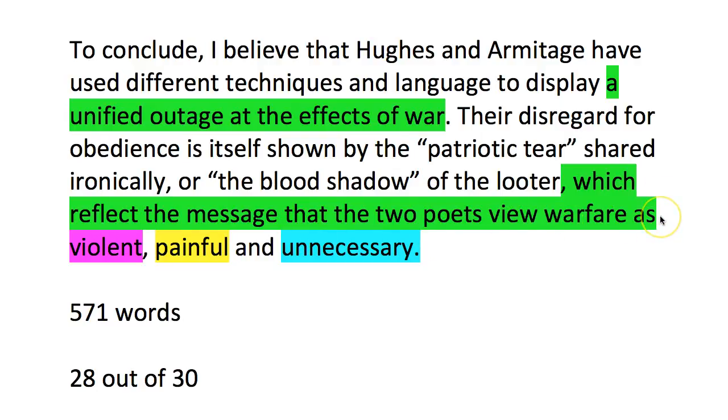So here is the next viewpoint of the poet's purpose, and you'll see from my three different colours that she has given three different purposes. One, to say warfare is violent, two, to say warfare is painful, and three, to argue that war is therefore unnecessary. So hopefully you can see why this has got 28 out of 30 marks, despite having quite a few weaknesses in it.